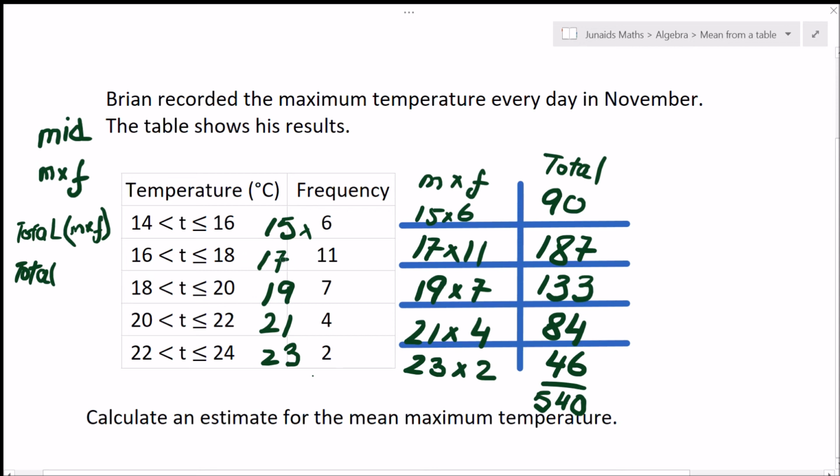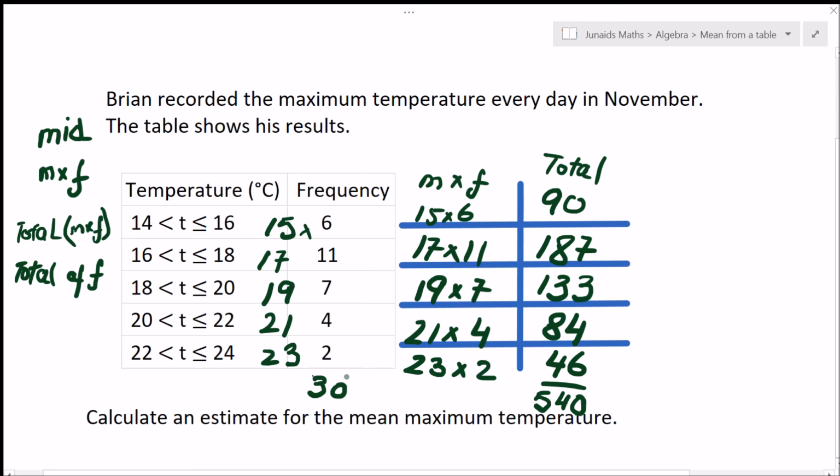So we did midpoint times the frequency, got the total. Now the next step we're doing is adding up the frequency, the total of frequency. Okay, now the total of frequency, because it's the month of November and every day the temperature was recorded, we can see that the total of frequency is 30 here.